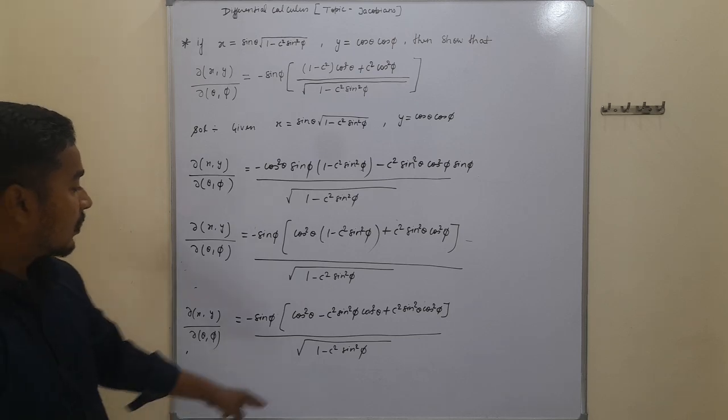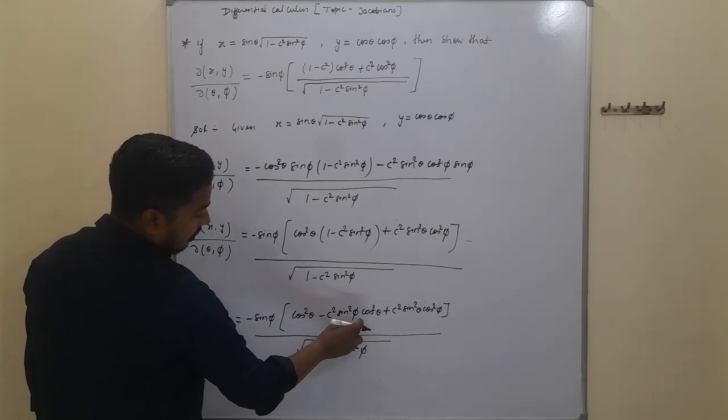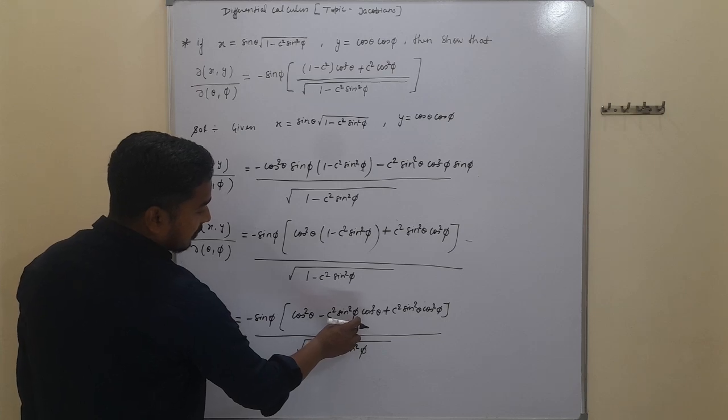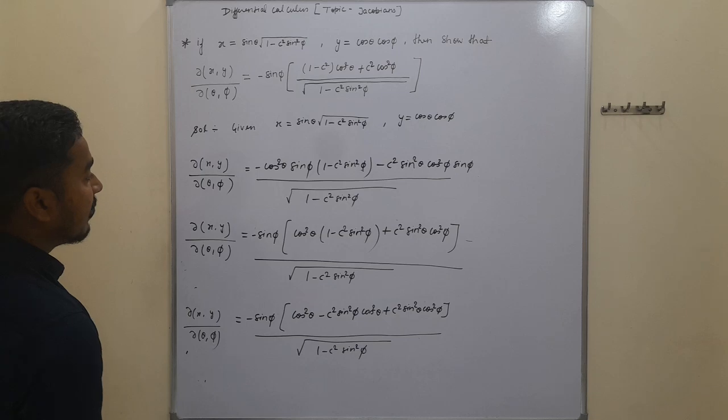Further we can also simplify. Sin square phi is written as 1 minus cos square phi from trigonometry.